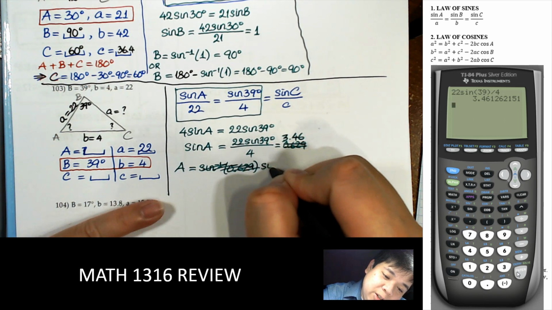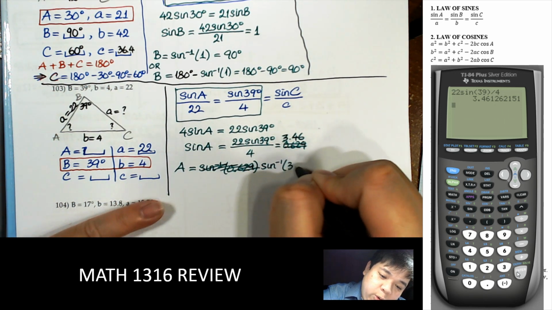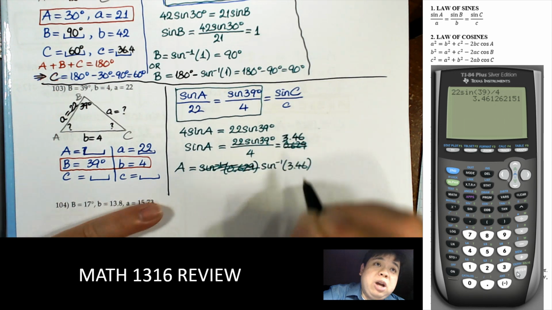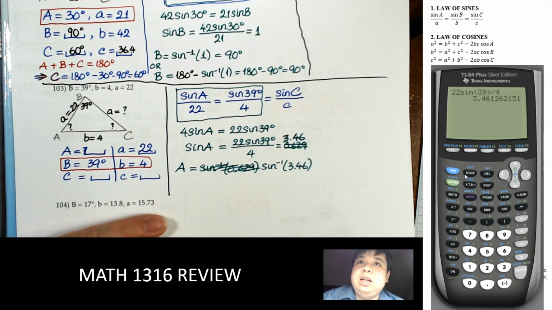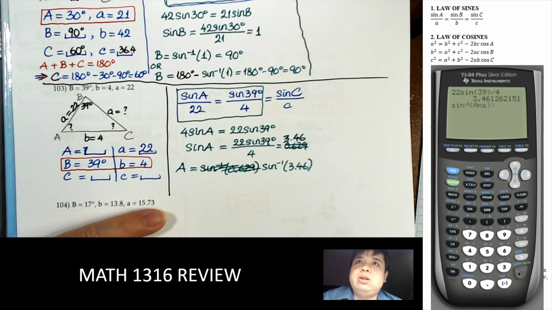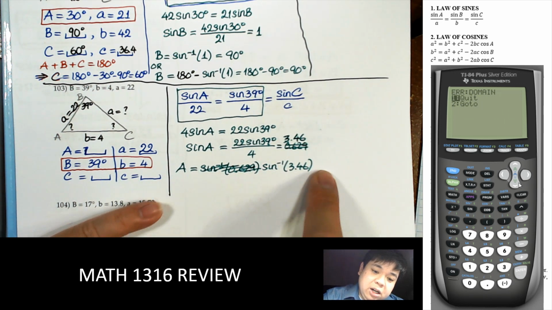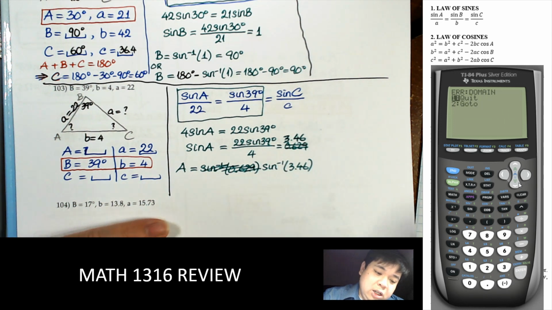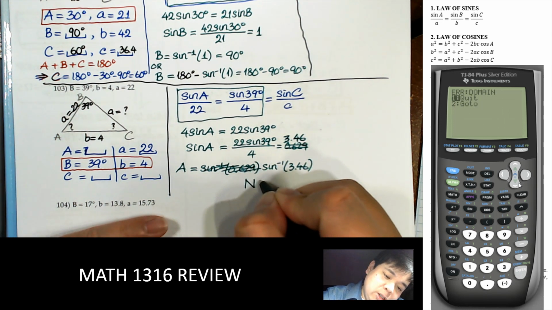So sine inverse of 3.46, and obviously if you do that in the calculator, it's going to be undefined, because sine is supposed to be only between 1 and -1, and it gives an error. So because of this, this one has no solution.